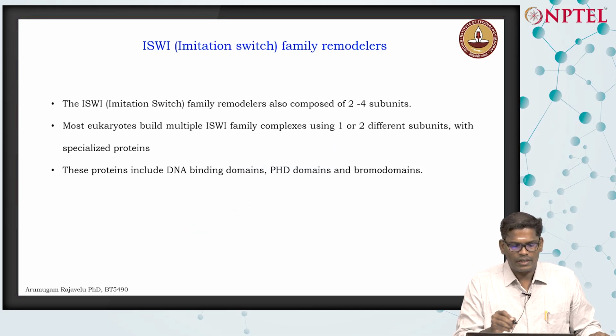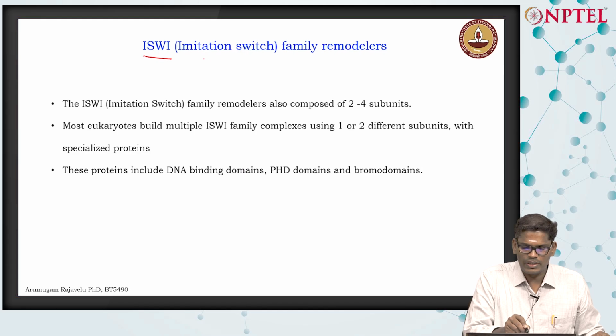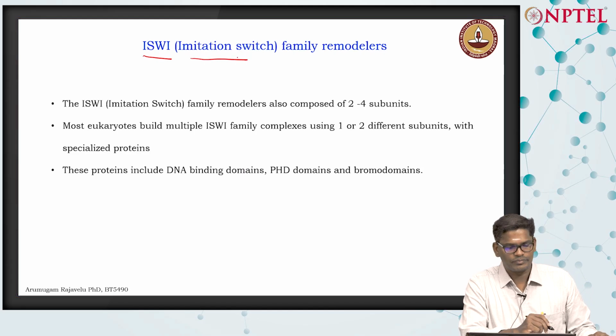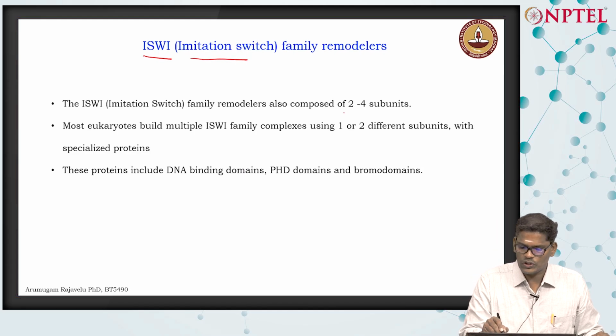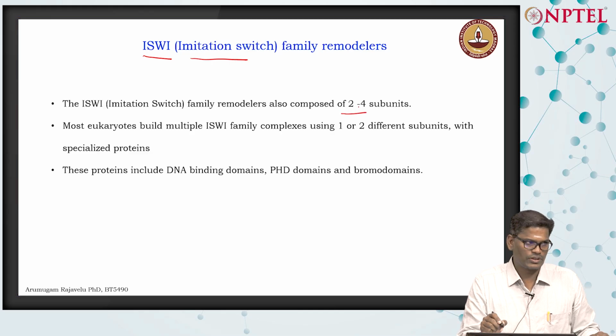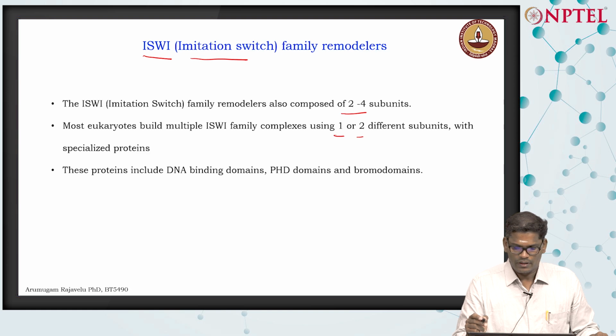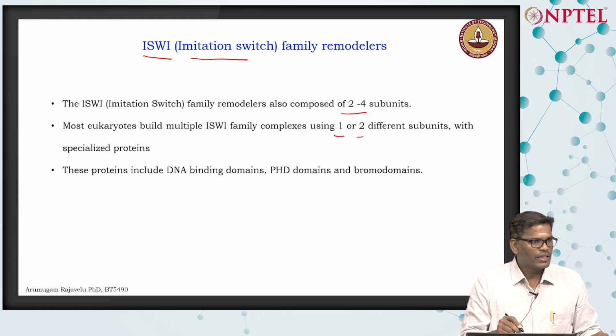The second family, ISWI, is the imitation switch remodeler. It is a relatively small complex. You see the other one is nearly more than 10 proteins as a complex, but ISWI is only 2 to 4 subunits, sometimes even 1 or 2 in some organisms. Not many subunits are required for this.